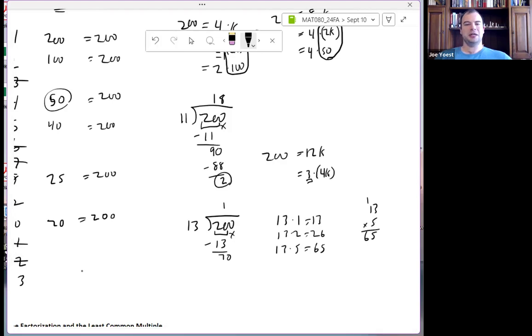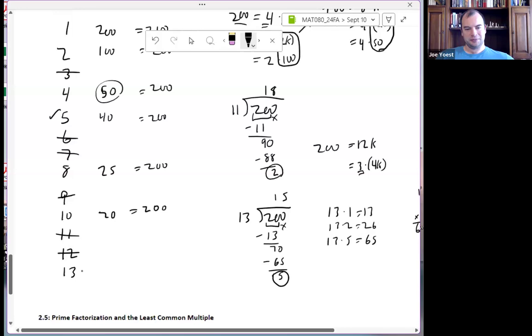If we went up to 13 times 6, we add another 13 on, that would put us too far. So 5 times 13 is 65. And we're left with a remainder of 5. 13 is not a factor of 200.